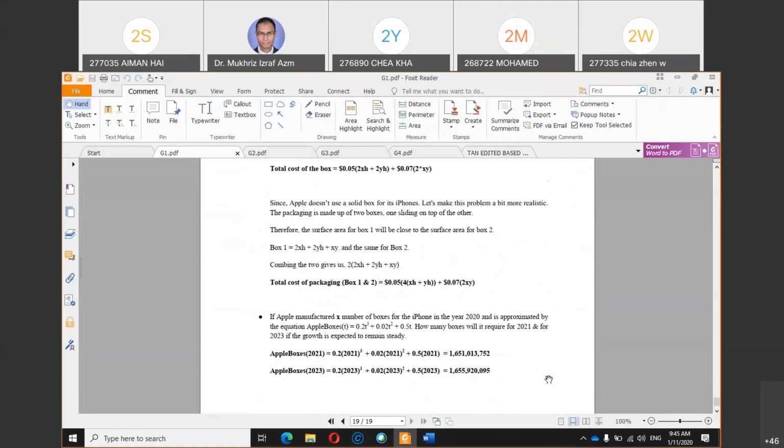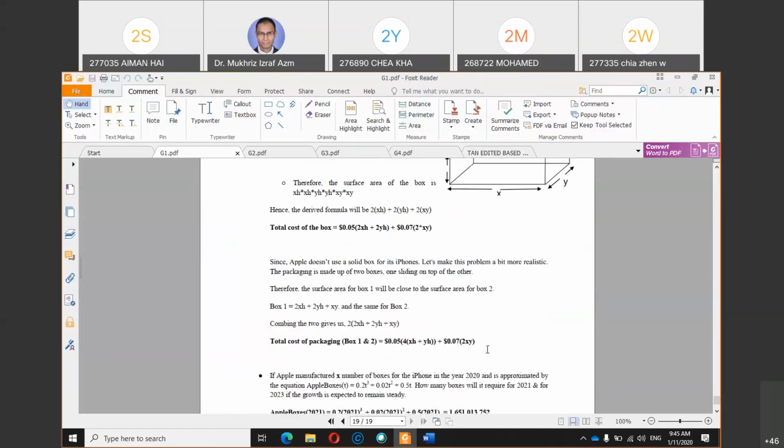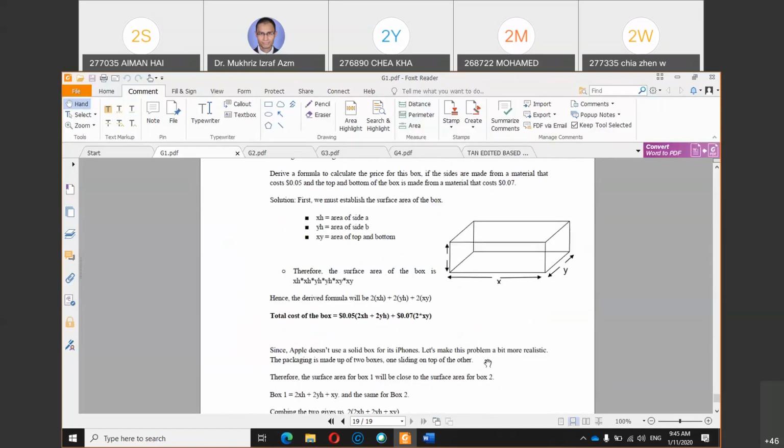Come on, who did this example here? So no one wants to take responsibility for this section.